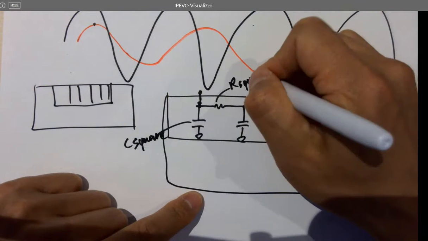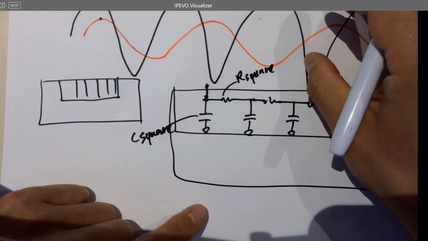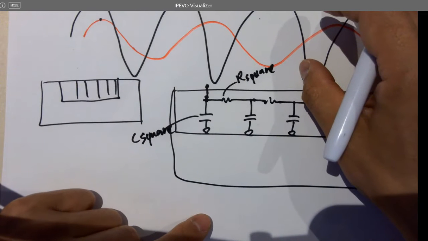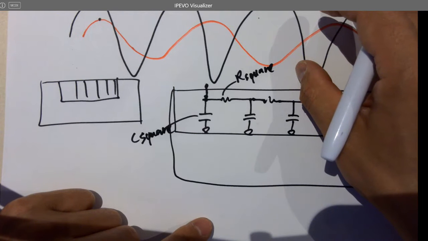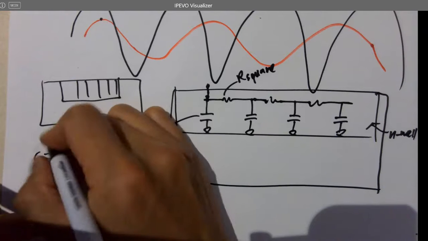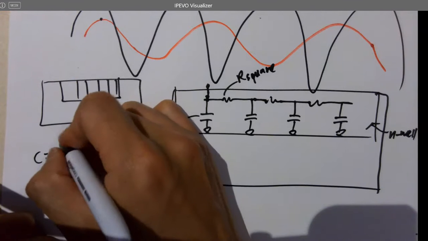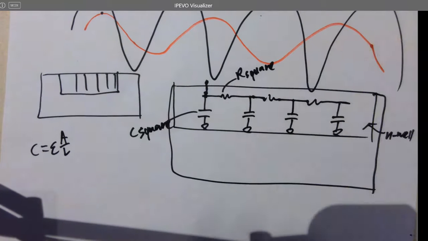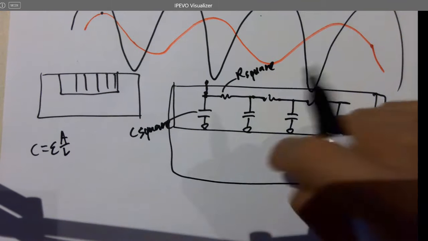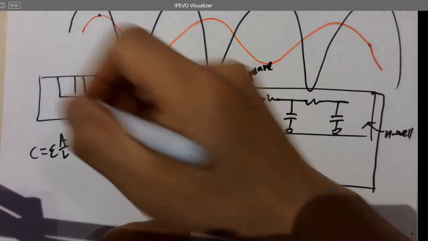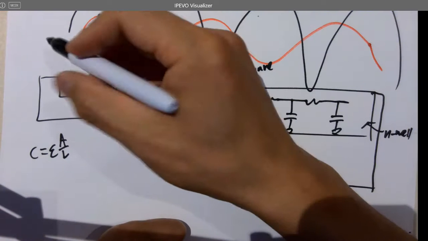What about C squares? Are they constants, C squares? No. Why? So C equals to A over L. So you are thinking about the rod shape of the unwell in there. And when you are forming a resistor, do we want to use a minimum length?